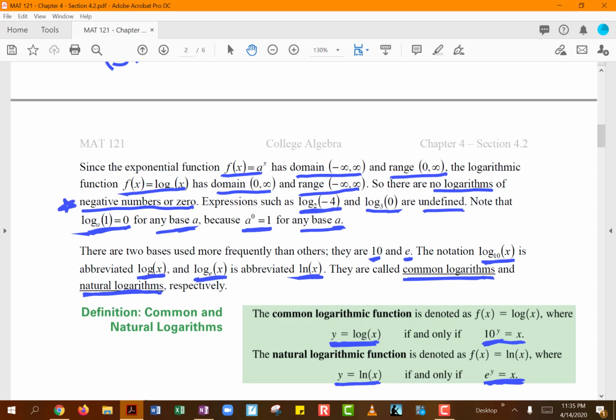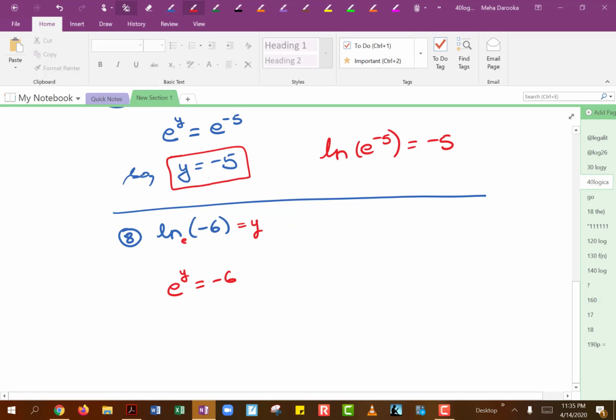Now, even if you try to plug in this natural log of -6 in your calculator, you are actually going to get an error message on your calculator, and that's because -6 is not in the domain of our logarithmic function. So you're actually going to get that this is undefined, and that's because -6 is not in the domain of our natural log function.